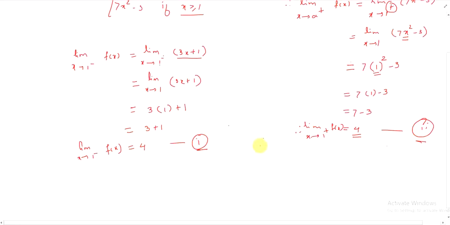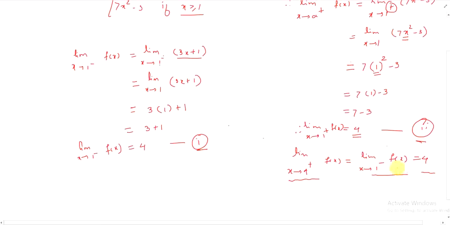We can conclude that limit x tends to 1 plus of f(x) is equal to limit x tends to 1 minus of f(x) is equal to 4. That is, our right hand side limit is equal to left hand side limit is equal to 4.